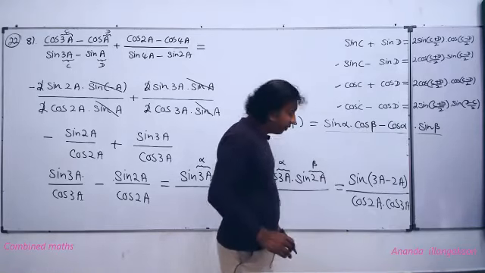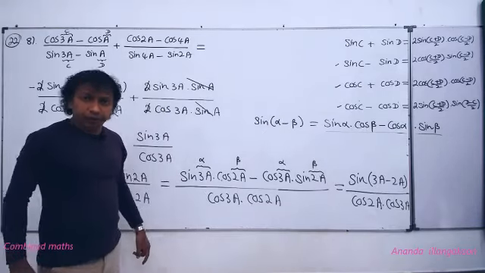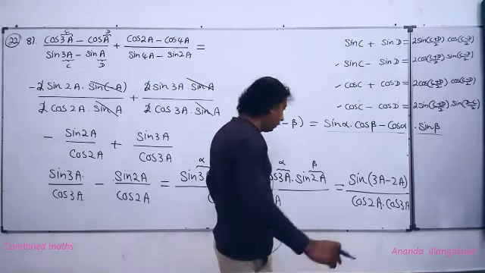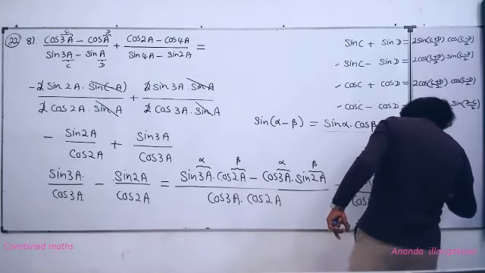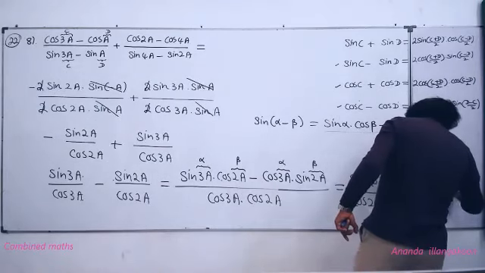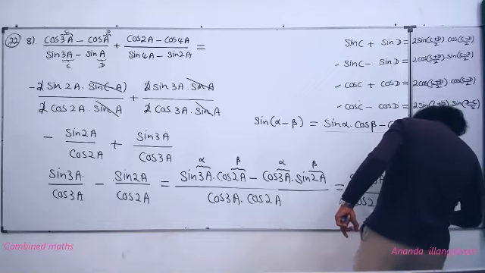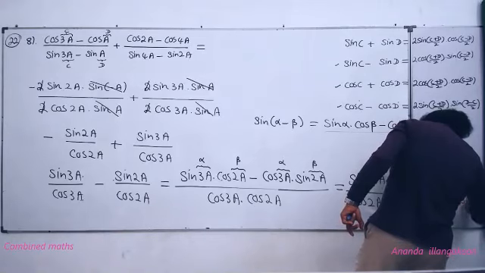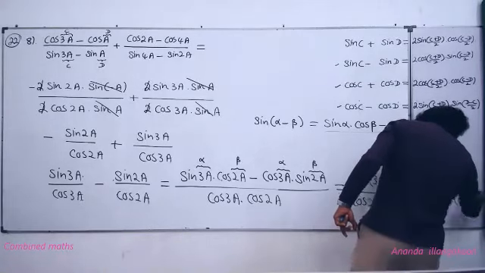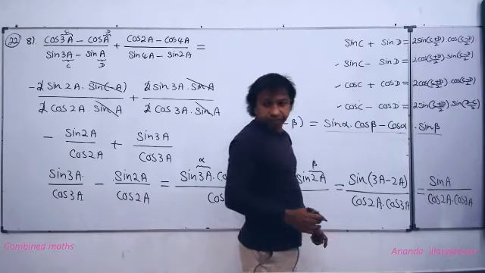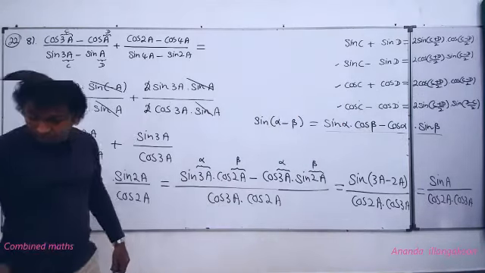Yeah, people, 3a minus 2a is what? A, no? Then sin a divided by cos 2a cos 3a is coming as our answer. It's a long simplification, but finally we got the answer.